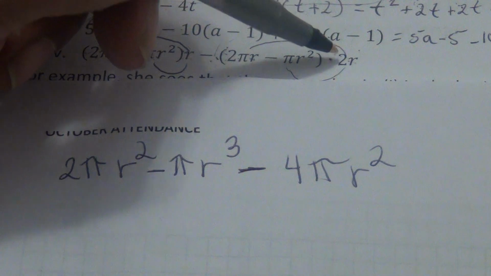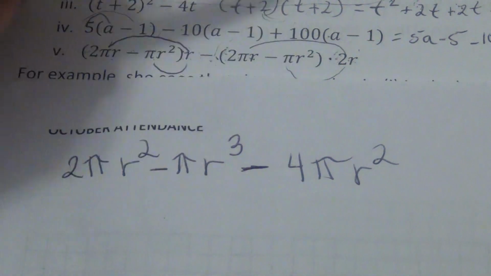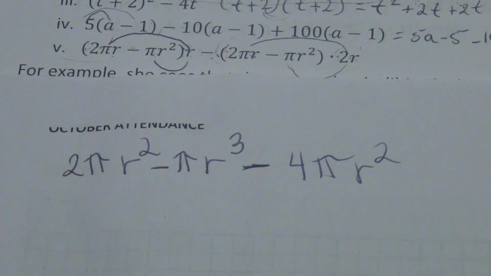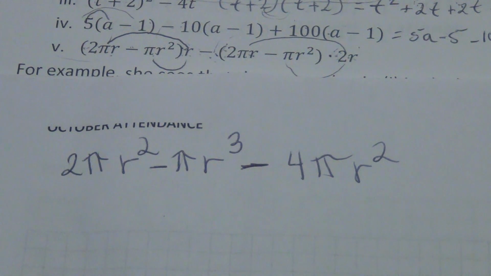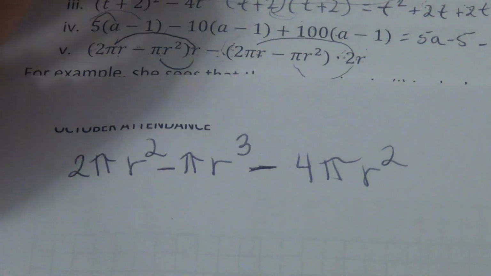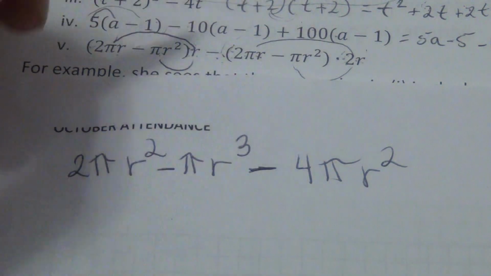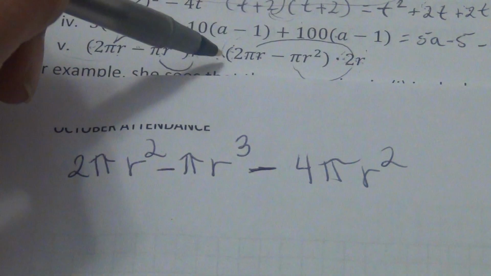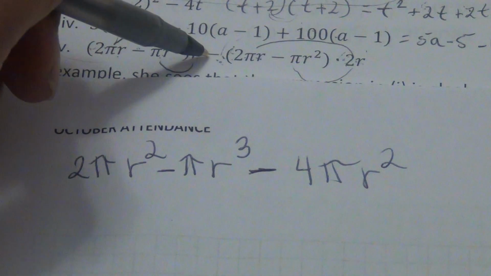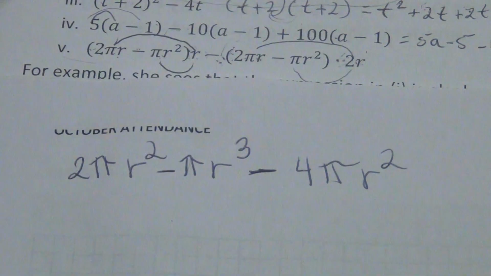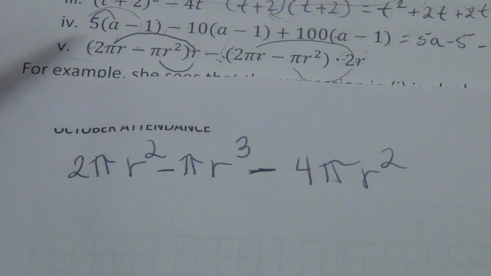And now, remember, this is kind of difficult to explain. I should have explained it before, but it's okay. I wanted to put this 2r over here to make it minus 2r. Why is that?